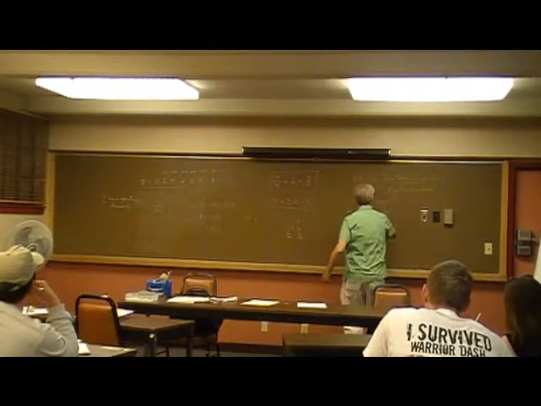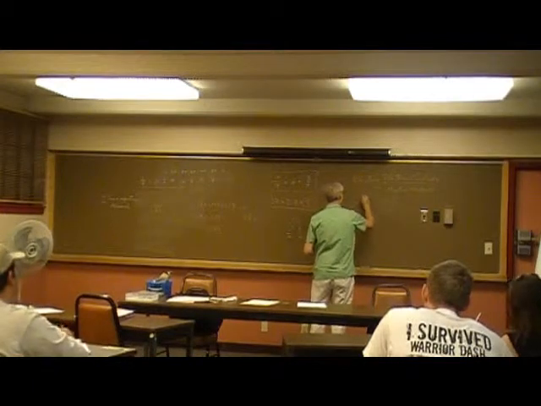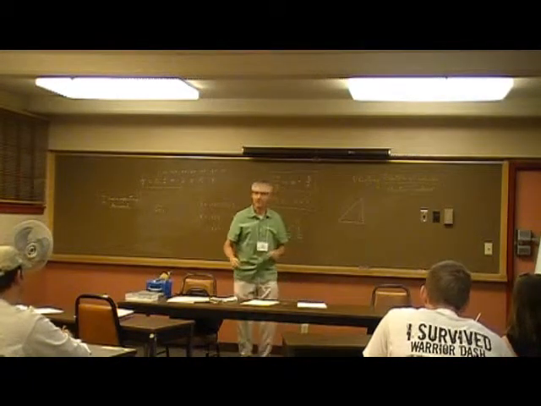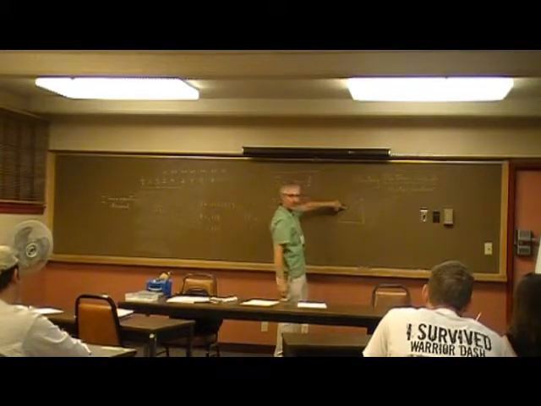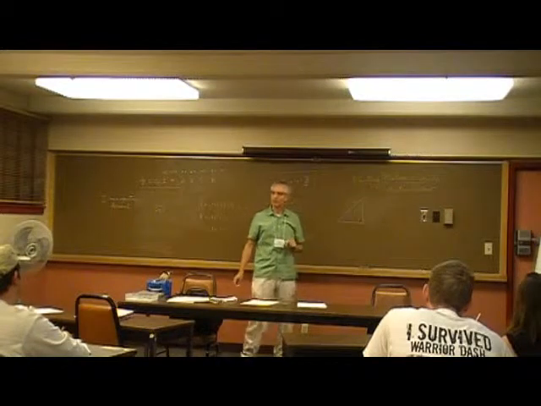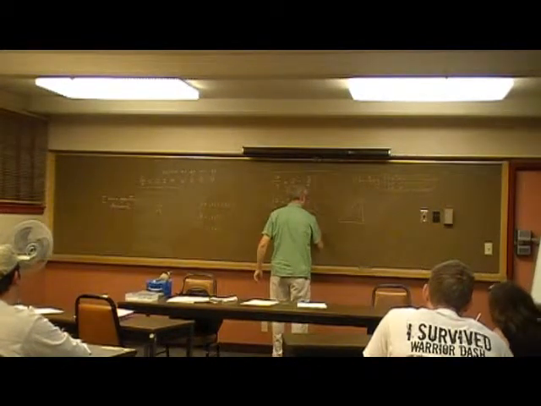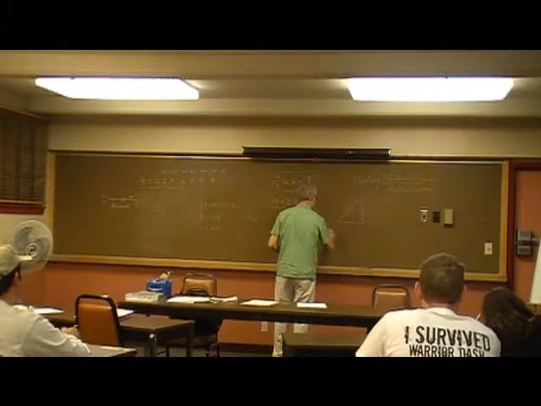Somebody moved it. So let's take a 1, 1, 45, 45, 90 triangle. Then the ratio of hypotenuse to side is root 2. So suppose that root 2 is rational.